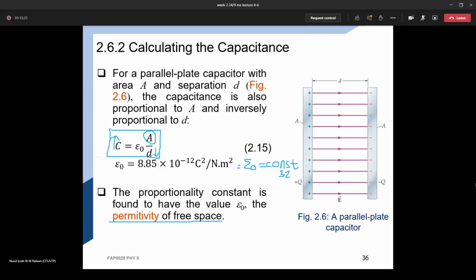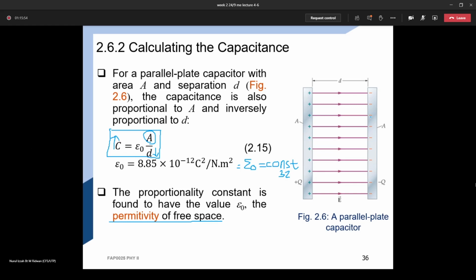I think the more suitable answer should be that we cannot make positive plates and negative plates attached to each other, because you need to have electric field in between. If they attach to each other, you don't have electric field. If you don't have electric field, then you don't have potential difference. So that should be the analytical thinking behind that.